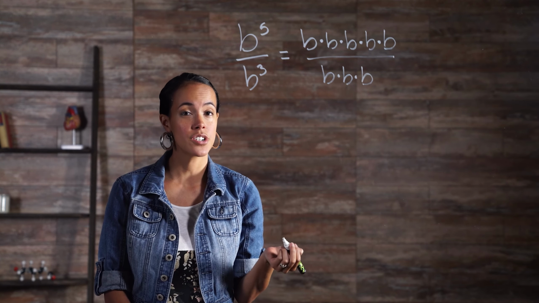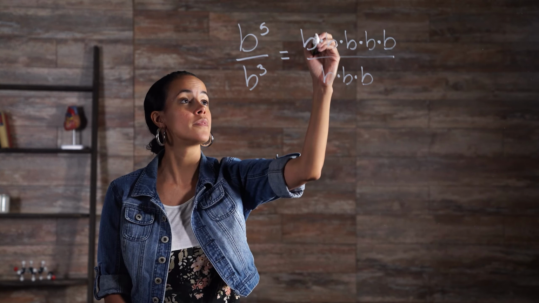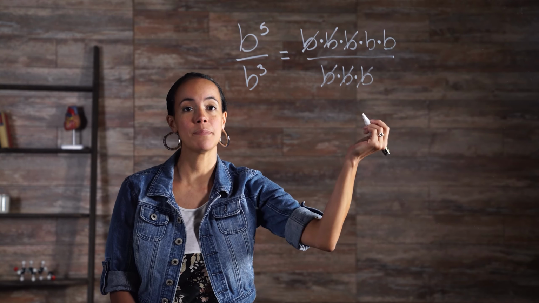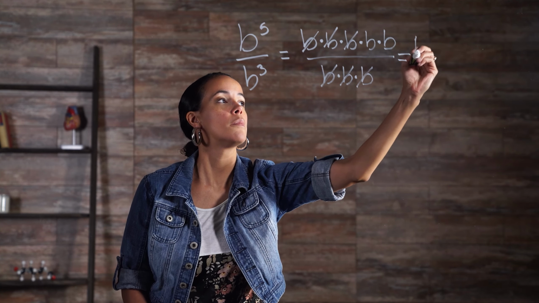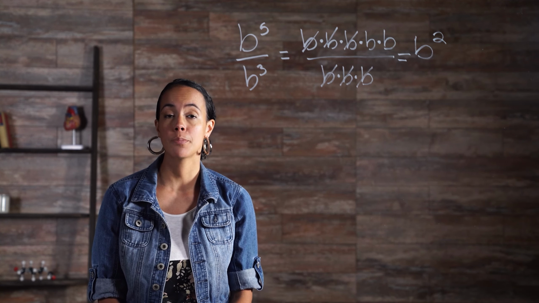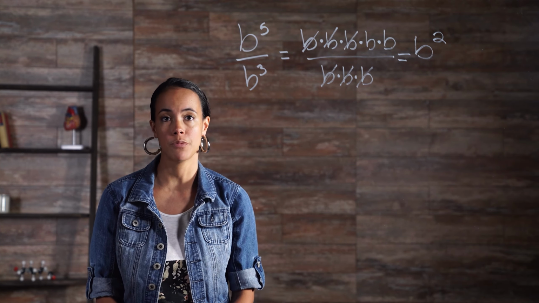Canceling out common factors of b from the numerator and the denominator would simplify to be b squared. The quotient of powers property allows a quicker, more efficient result.